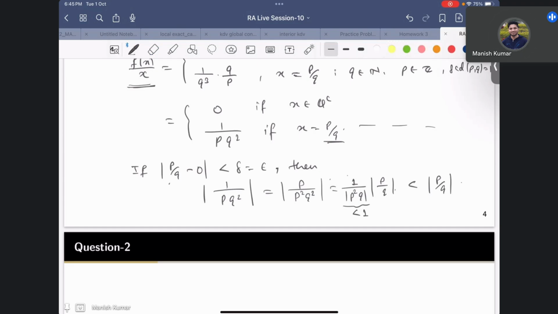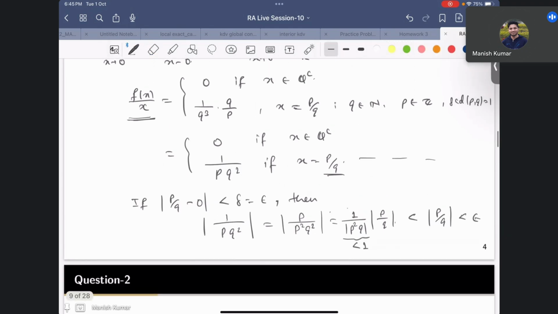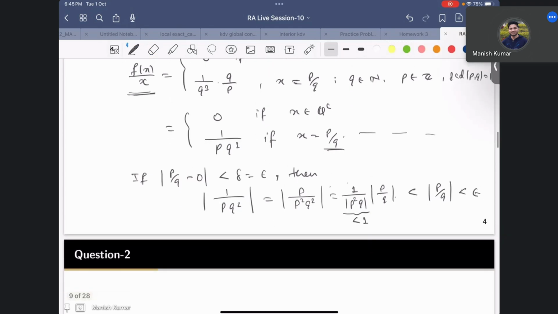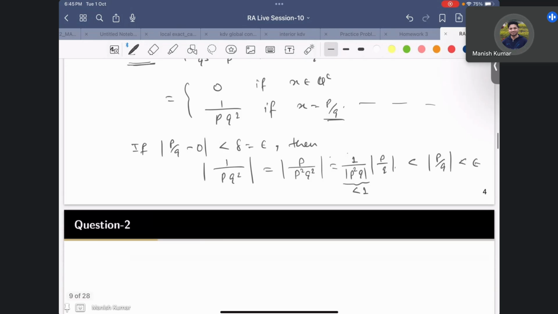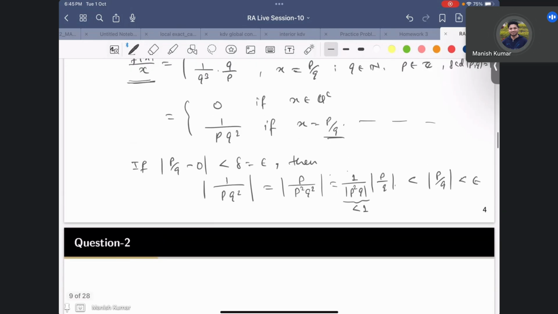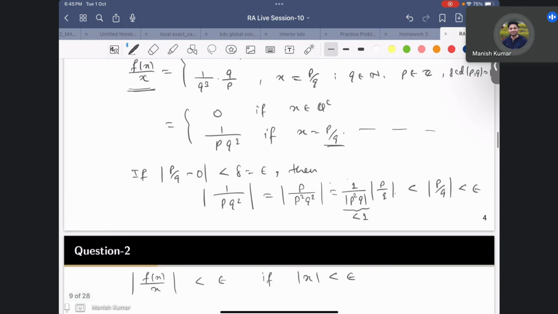Then if I make this p by q in the delta neighborhood of 0, then this is less than epsilon, right? And this proves, combining all these things, what I can say is mod of f x upon x is less than epsilon if mod x is less than epsilon, right? This is what I can say combining these two things.